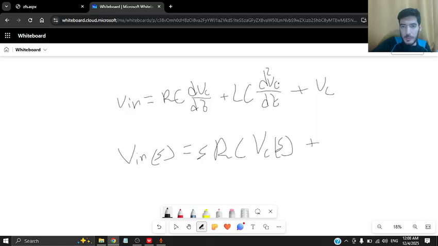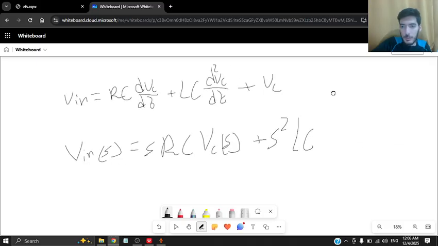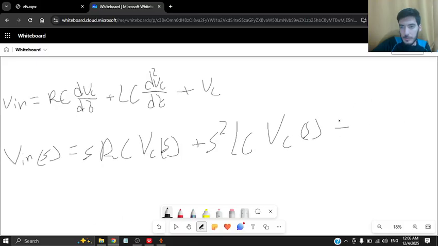And for this part here, since it's second order differentiation, it will be multiplied by s two times, so it will be s squared Lc Vc(s). And for the third term, it will be Vc only.